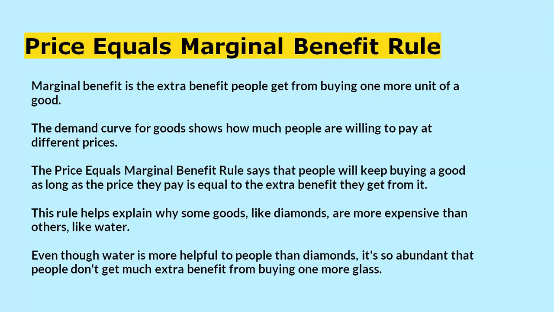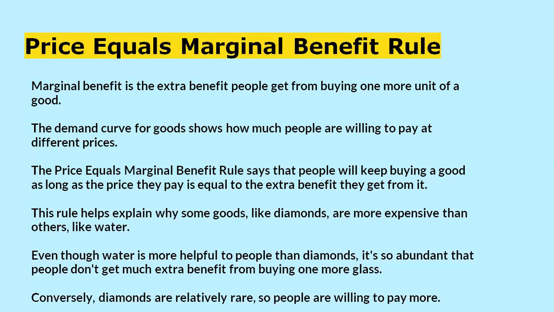Even though water is more helpful to people than diamonds, it is so abundant that people don't get much extra benefit from buying one more glass. Conversely, diamonds are relatively rare, so people are willing to pay more.